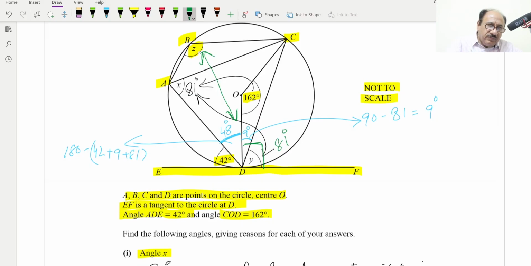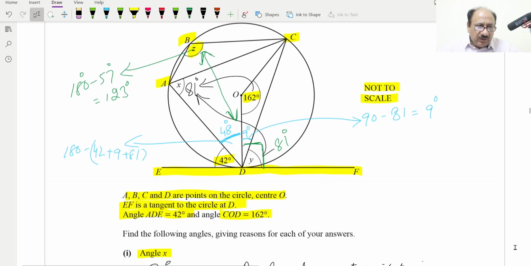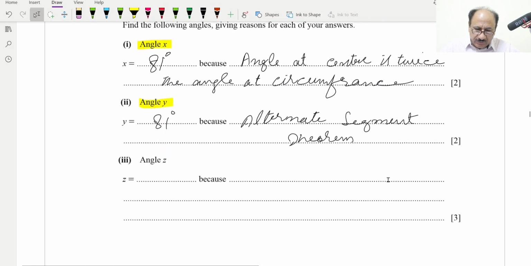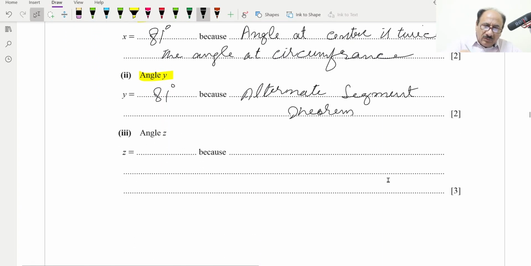So Z will be equal to what? This angle will be 180 minus 48 plus 9, which is 57. So this will be equal to 123 degrees. We can put the degree mark over here. So Z we have calculated is 123 degrees.